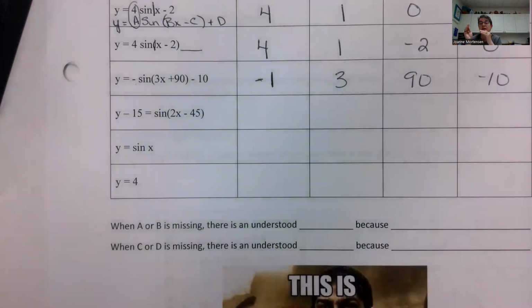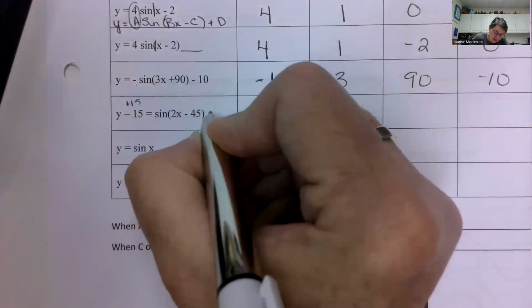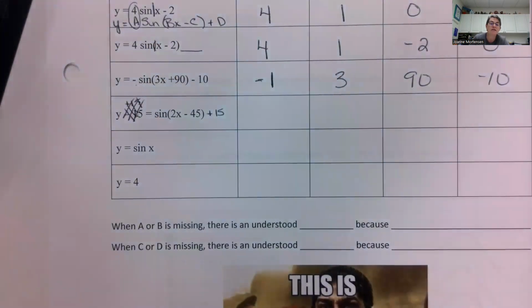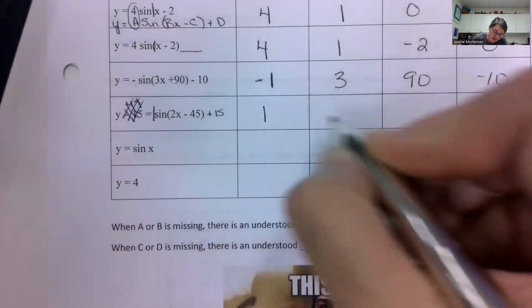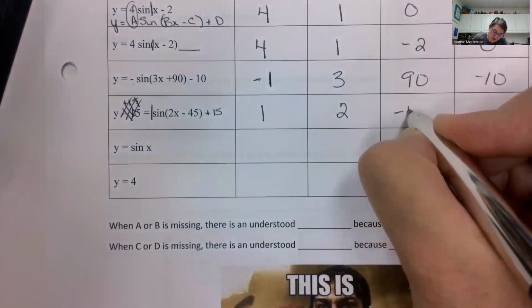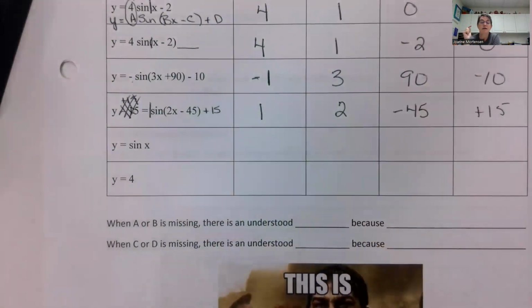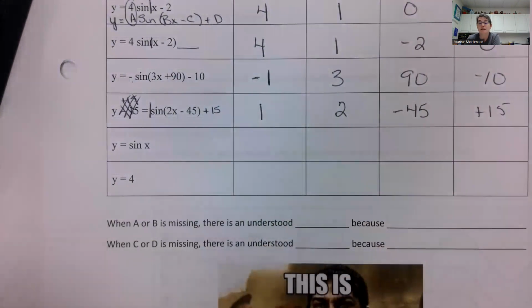So you need to move stuff so it's y equals, everything else is on the other side. So I'm going to go plus 15 and plus 15. So that disappears. So we have just y equals, and now we're good. So there's an understood 1 there, and a 2, and a minus 45. And notice, because it moved from one side to another, sorry, I made a mess, this negative 15 over here has now changed to a positive 15. That's a big deal, right? That's going to change your answers.